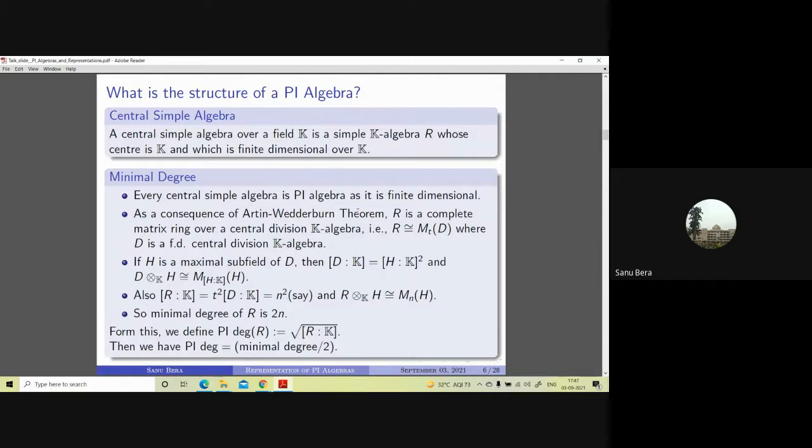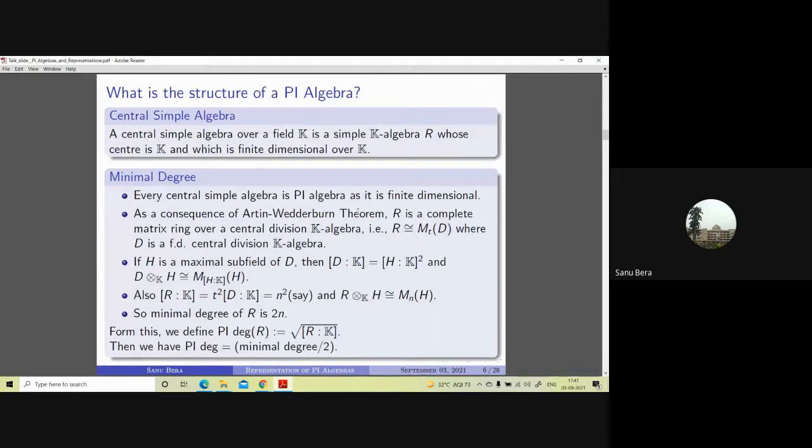That will be our primary goal. First, central simple algebra. A central simple algebra is an algebra over its center, whose center is exactly k, and which is also simple. By terminology, central and simple: its center is exactly k and it is a simple algebra.